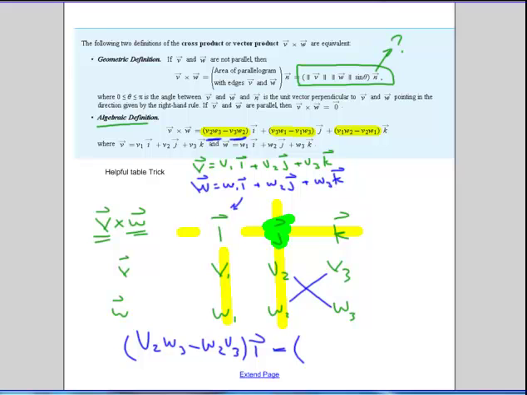And now we're looking at the product between v1 and w3, so it's v1 times w3 minus w1 v3, j.